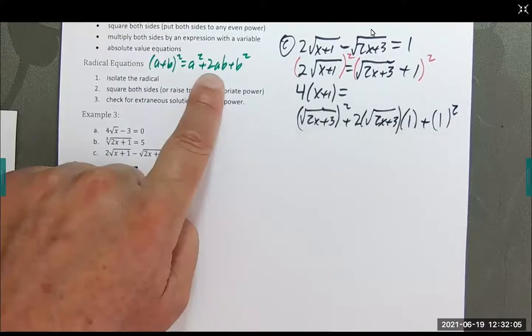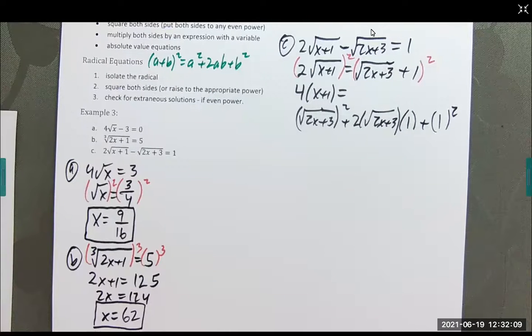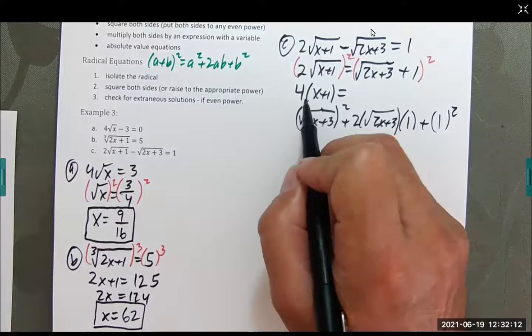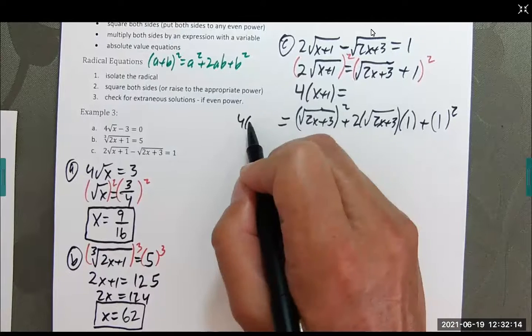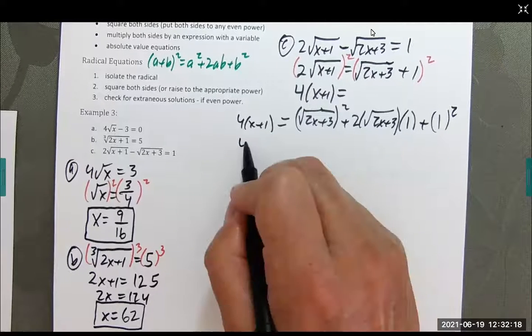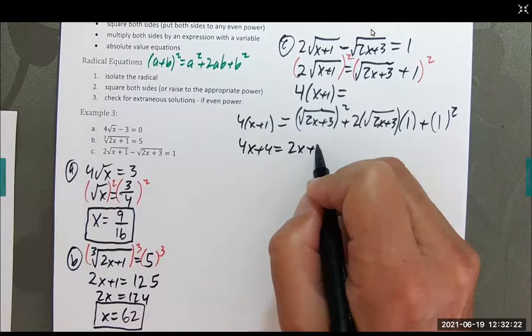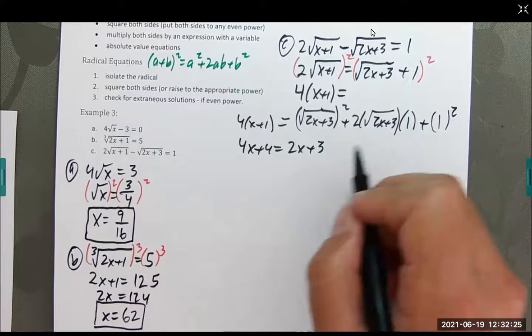Right there. It's all equal to this here. So this is 4x plus 1. So here I'll distribute, 4x plus 4. Here, the radical goes away. 2x plus 3. 2 times 1 is just 2.